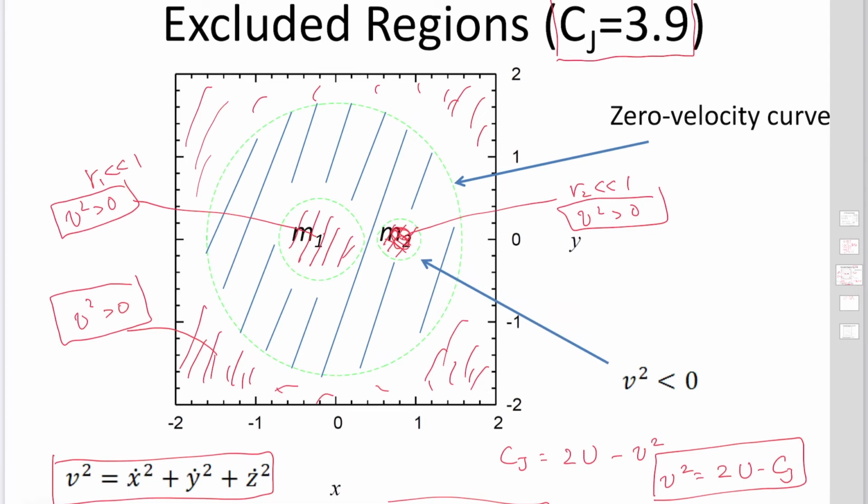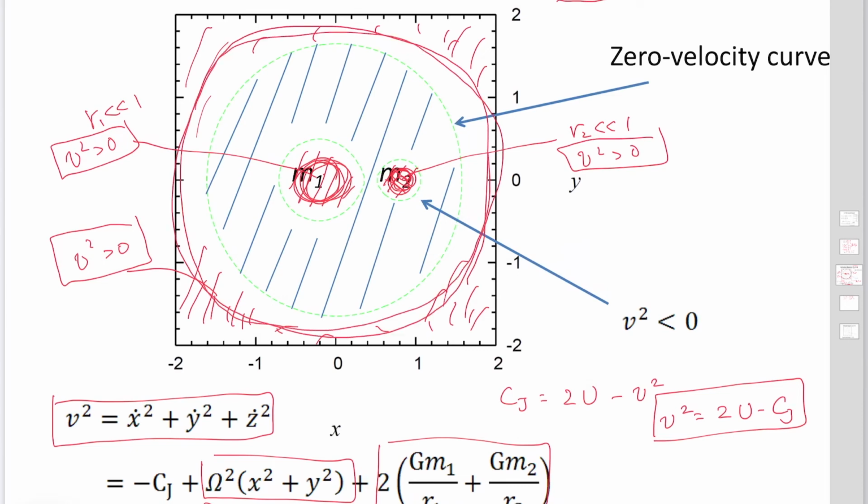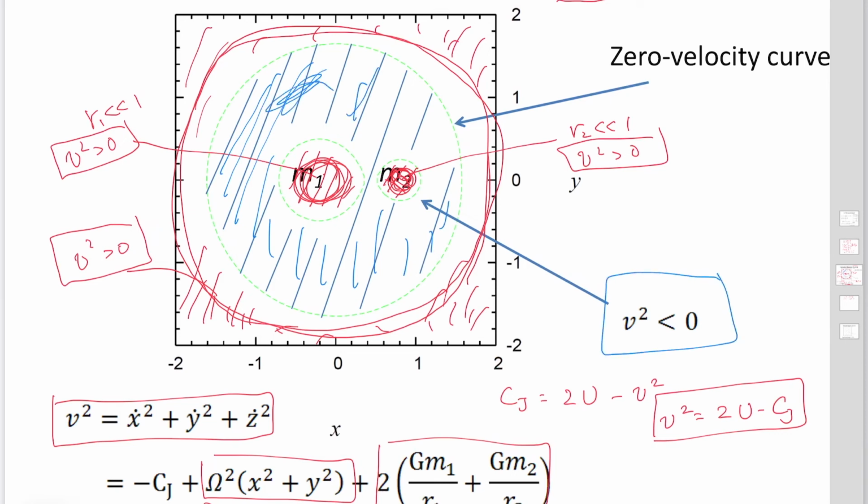So our particle can rotate around the object with mass m sub 1, or around the object with mass m sub 2, or the particle can rotate in the far place from both objects. But the particle cannot get into these blue regions, because in these regions v squared becomes negative. v squared cannot become a negative quantity.